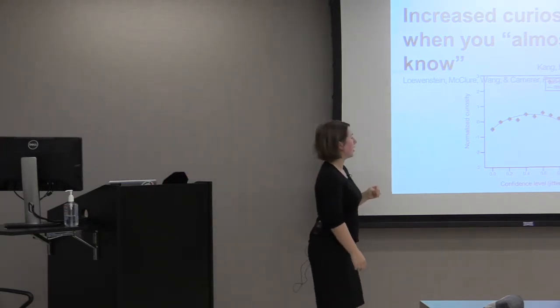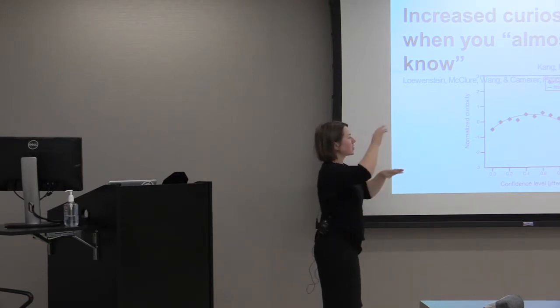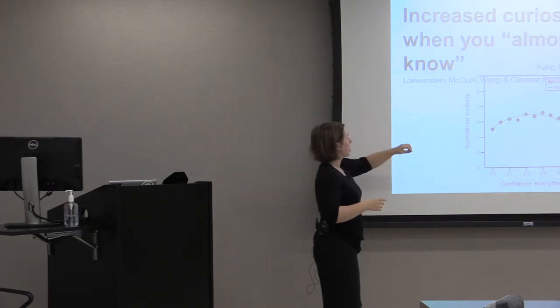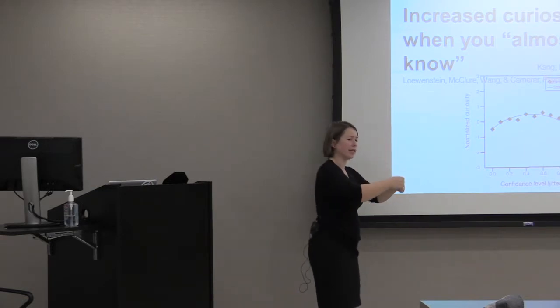Another related theory that we realized is seemingly opposite, it still is about information gap, but it makes the opposite prediction. Other people have observed that people have the most curiosity for things about which they are an intermediate amount of confident.